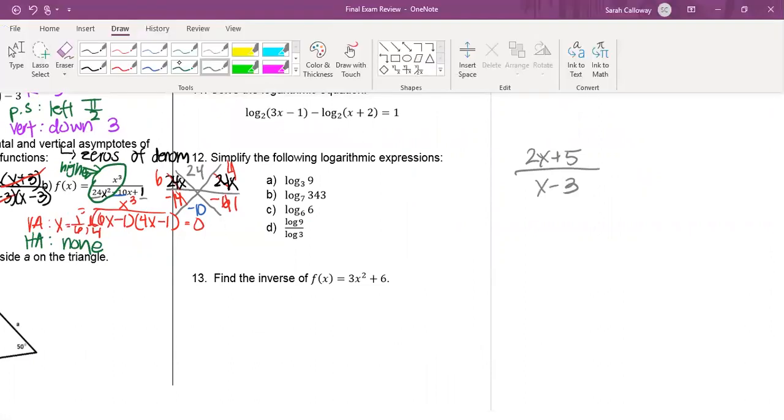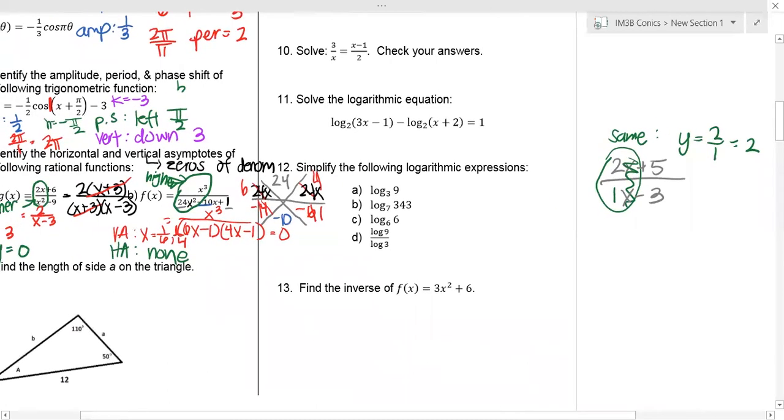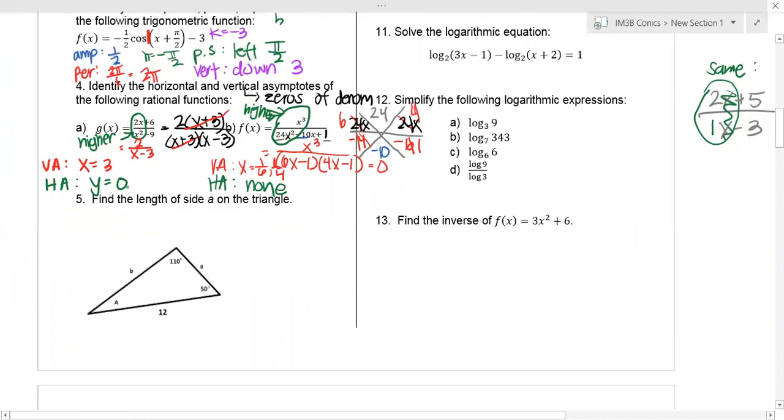The way that the horizontal asymptote would work, if these are the same, is that y equals essentially just their coefficients. So we'd ignore the x's. So the y would be 2 over 1, or 2. Okay, so if they're the same, then it's really just the fraction of the coefficients. If the degree is higher in the denominator, it's y equals 0. If it's higher in the numerator, there is none.